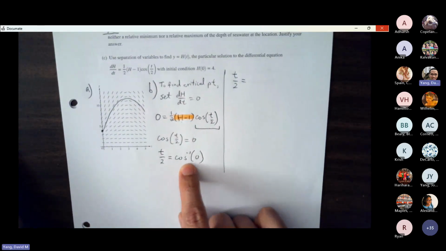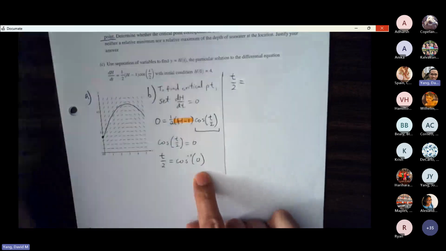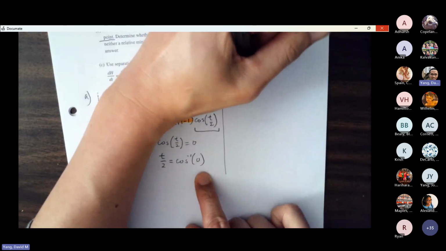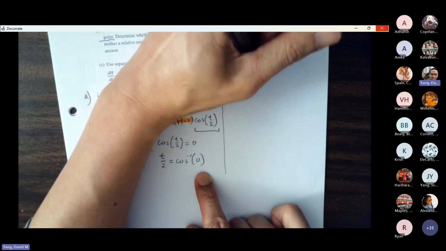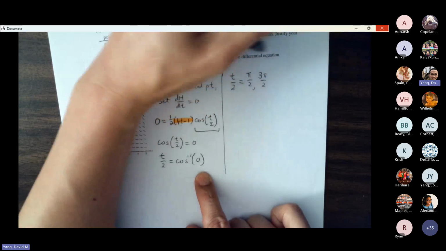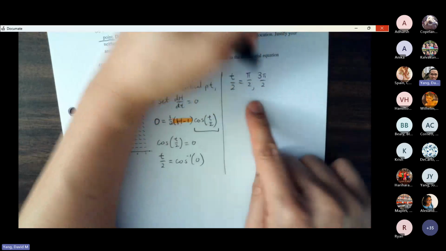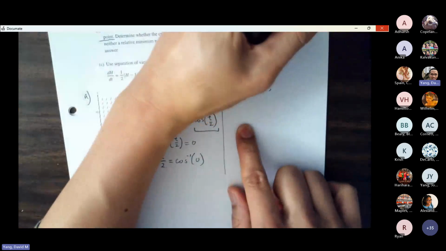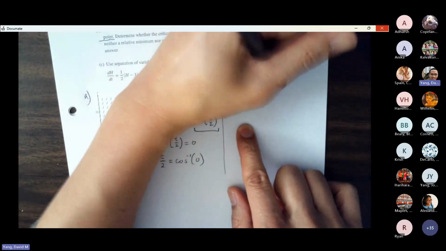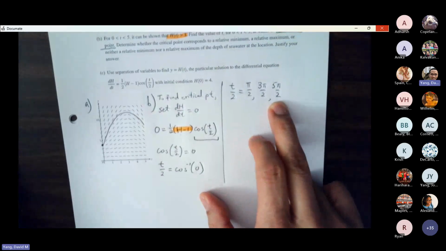I'm going to keep going, 5 pi over 2. We're dividing by 2, so I'm just going to go a little further. If I go another rotation around, basically adding 2 pi to pi over 2, I get 5 pi over 2. I may not need that much, but I just want to go a little further for peace of mind.